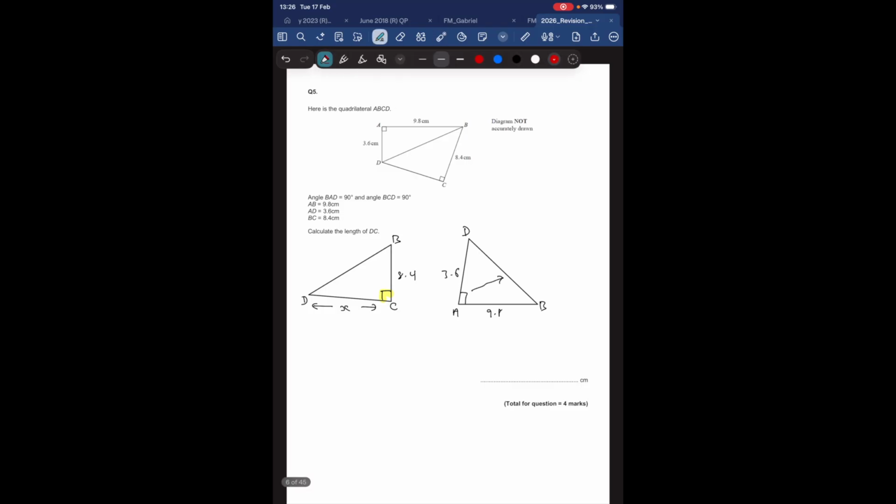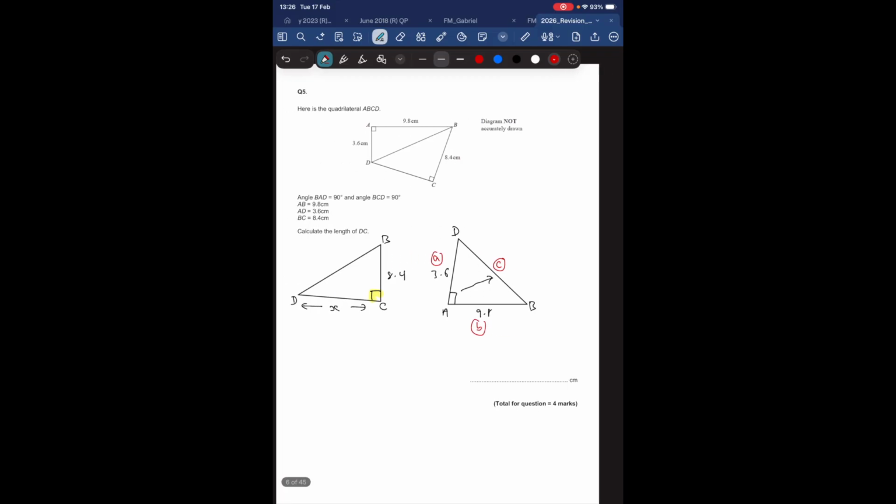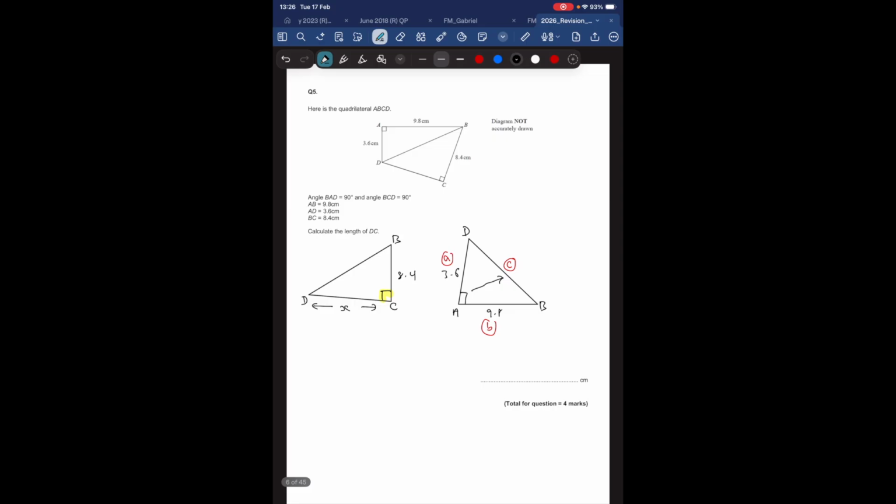The length opposite the 90-degree angle is c. We call the other two lengths a and b. And we can just use Pythagoras' theorem, which if you recall, is c squared equals a squared plus b squared. We can work this out: 3.6 squared plus 9.8 squared.